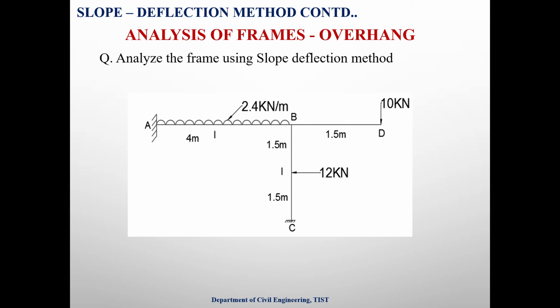What is the joint equilibrium equation here? MBA plus MBC plus MBD is equal to 0, to keep joint B in equilibrium. MBD means the moment at B for the span BD. We know the overhanging moment is 10 into 1.5, that is 15 kilonewton meter in the clockwise direction.